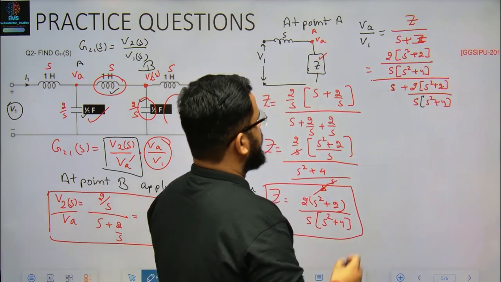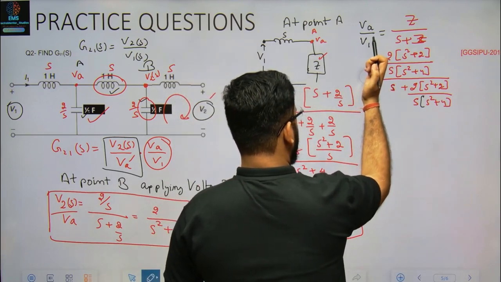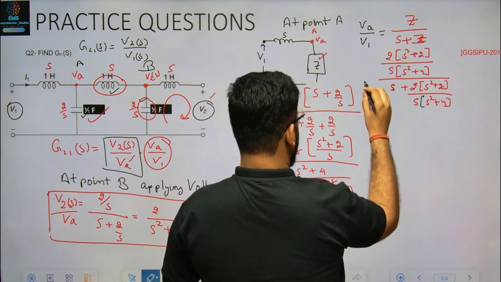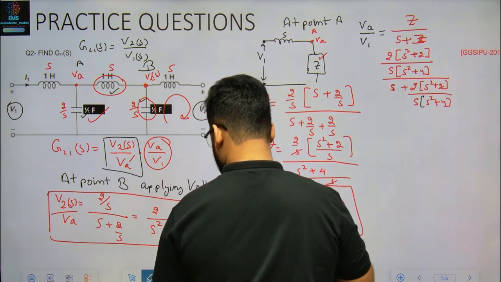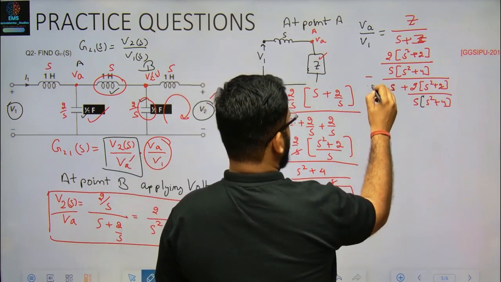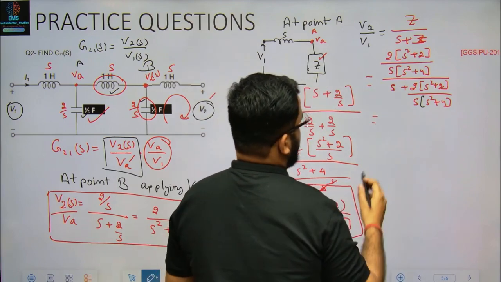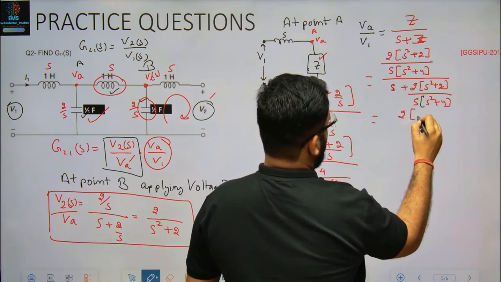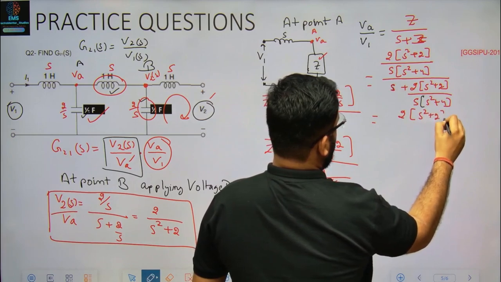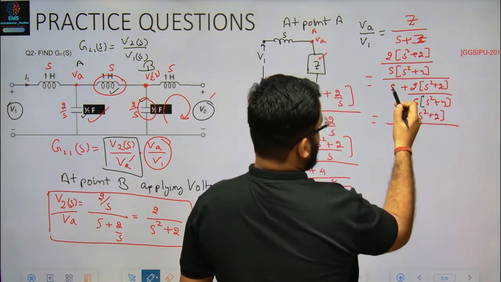Okay. So solving for this equation. So I get 2 into S square plus 2 whole divided by this comes up.